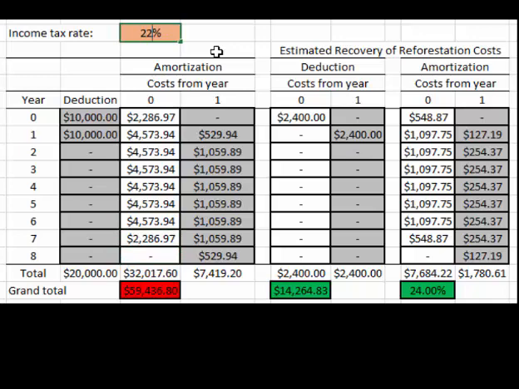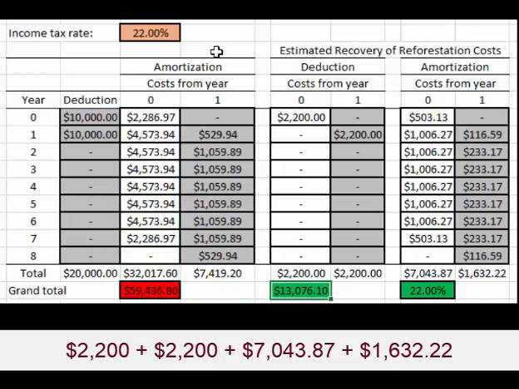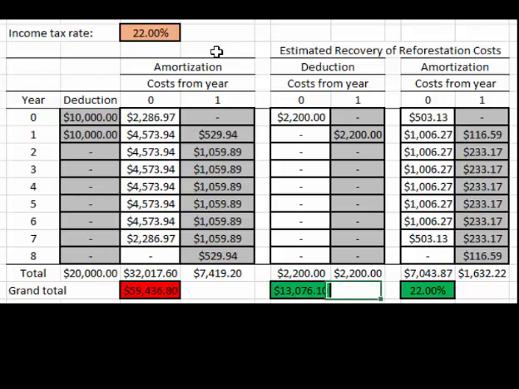And then if we change that to 22%, you can see the amount of reforestation cost recovered, offset, however you want to define or describe it, is 22%. And that is, of course, consistent with your income tax rate based on your tax bracket.